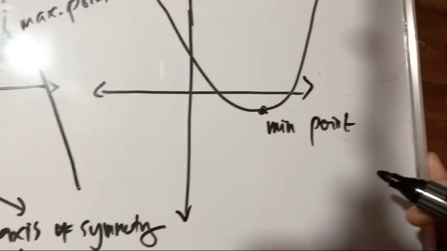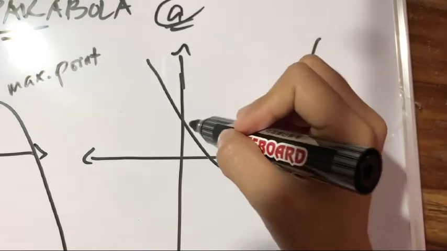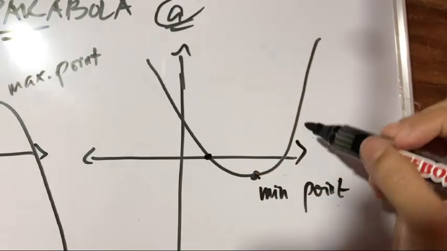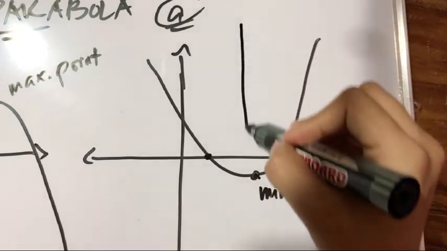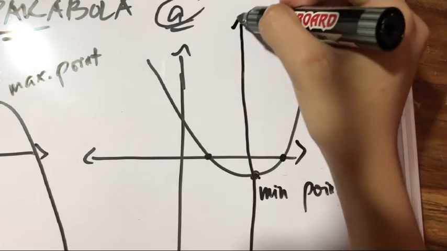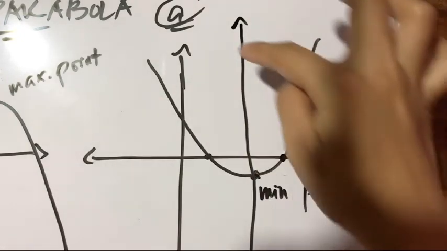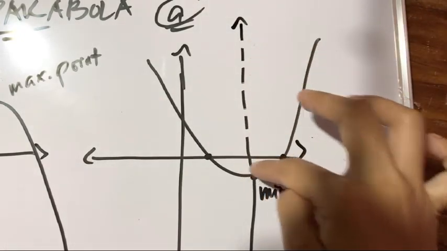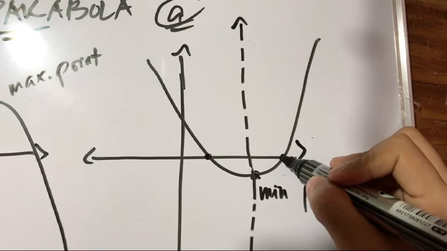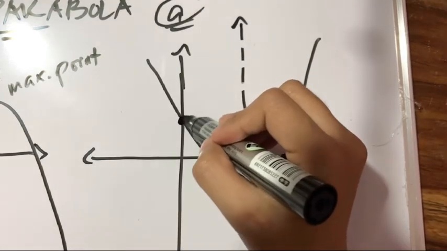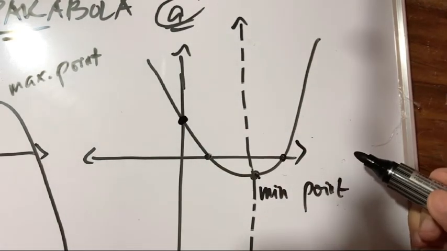Now, say for example, on the other graph, if I have one point here and another point here, and then we draw the axis of symmetry, it should be straight. The left side of the parabola should be equal to the right side. If we have points here, these are the so-called intercepts.